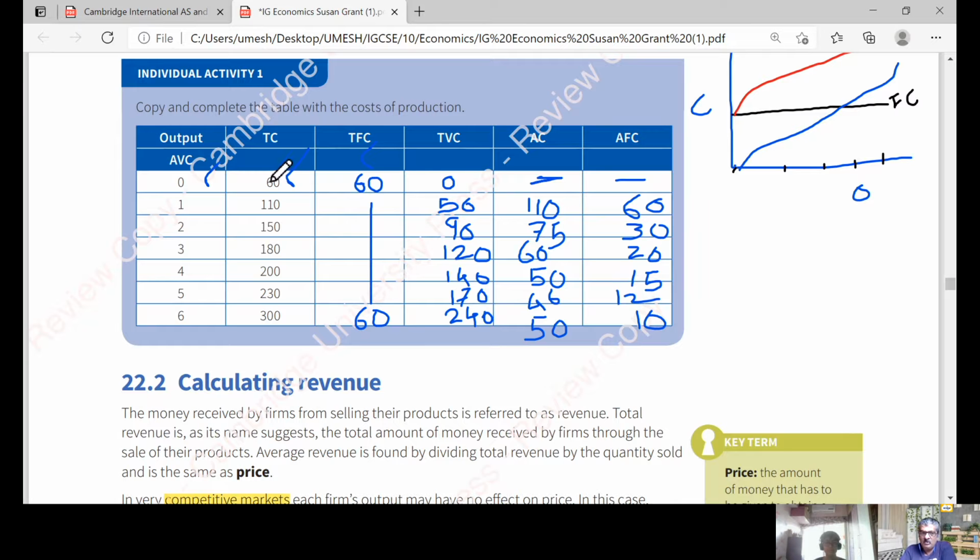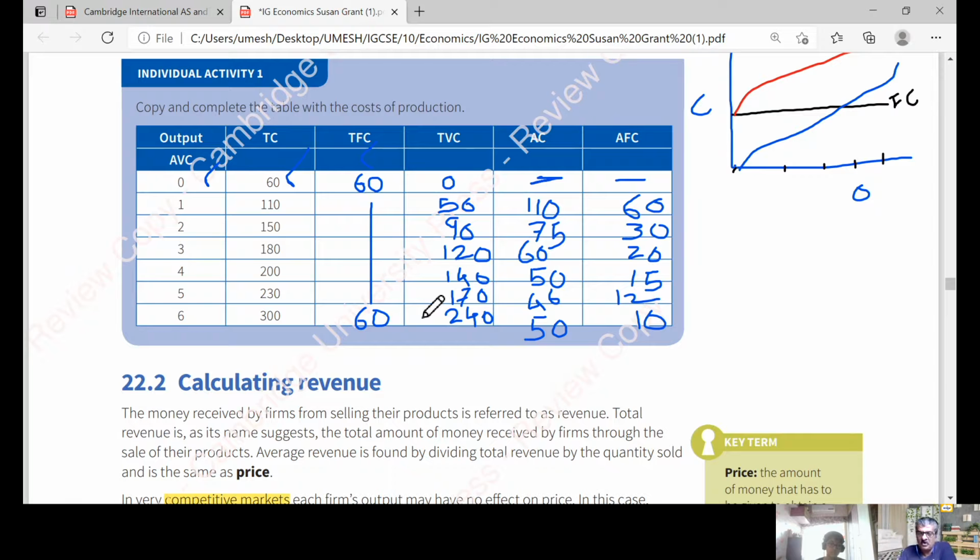Now, total cost always goes on increasing as the output increases. The only thing you should know is that total cost is equal to total fixed cost plus total variable cost. And variable cost also goes on increasing with the increase in output. But when the output is 0, what are the variable costs?